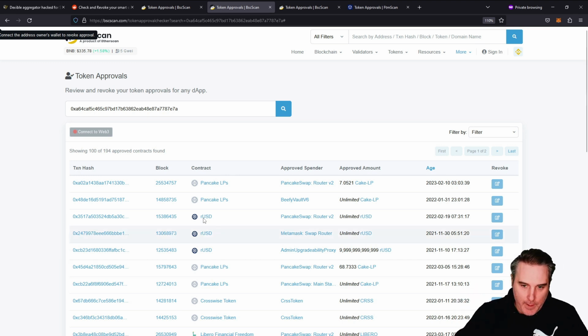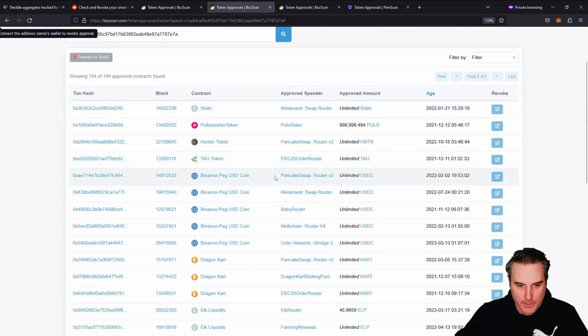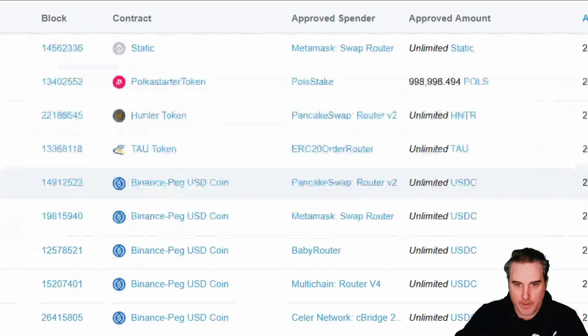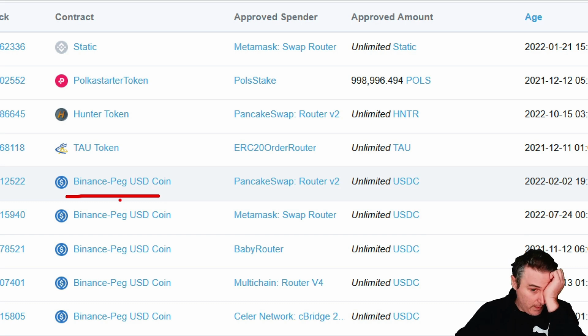And so if we have a look at this individual's wallet, I was looking through this and I found this. What I noticed here is the contract, which is just the stablecoin contract for this Binance Peg USDC.